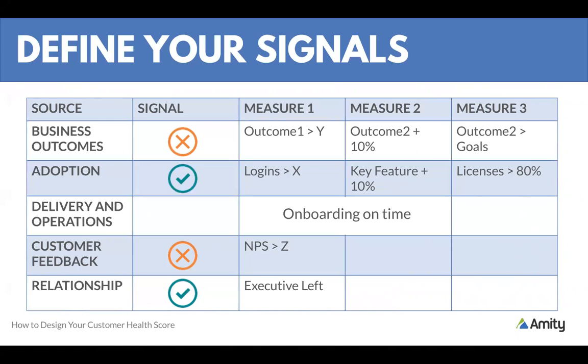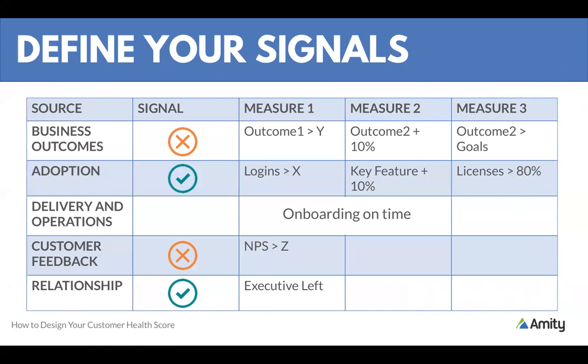And then that signal will be determined by one or more measures. If you take a look at the outcome example, you can see that you have an outcome level that's above a particular level, or an outcome level that's gone up 10% or down 10%, or an outcome level that's above a particular goal.